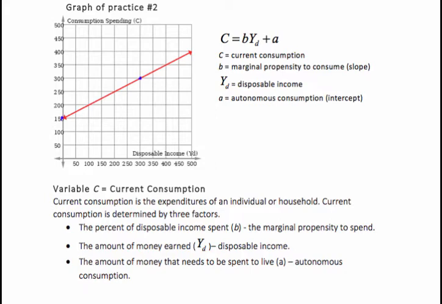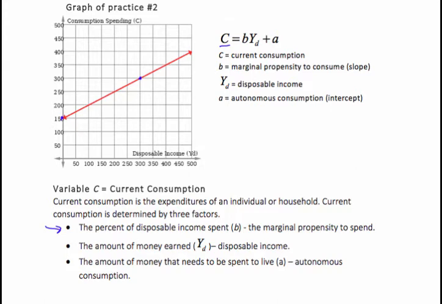The first variable I'm going to talk about is C, which is current consumption, the kind of consumption that's happening right now. So the variable C, current consumption, is the expenditures of an individual or household. Current consumption is determined by 3 factors. The percent of the disposable income spent, and that is our marginal propensity to spend.